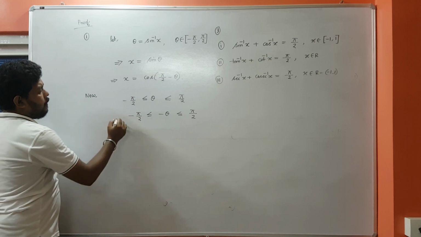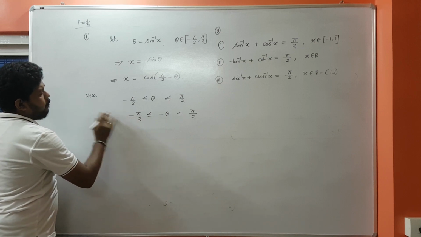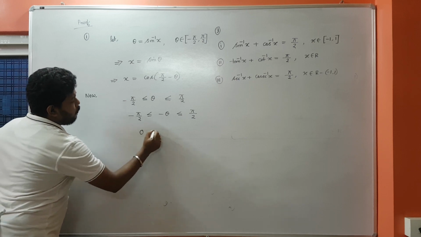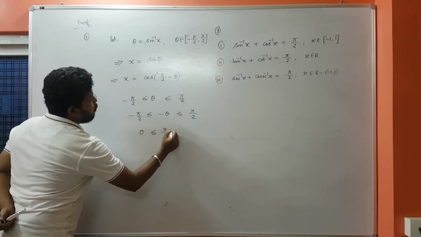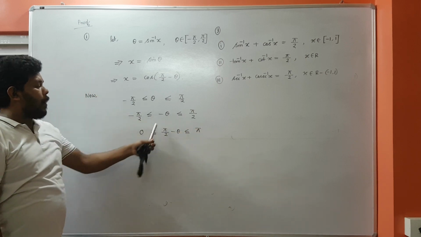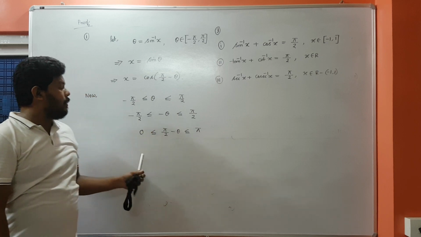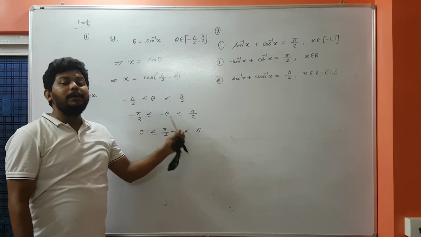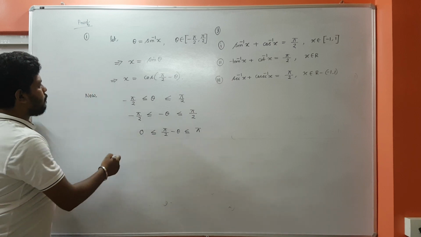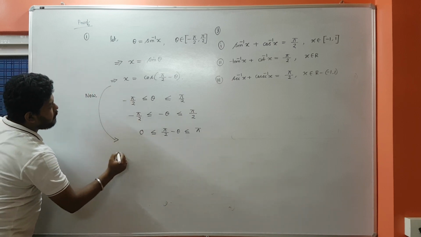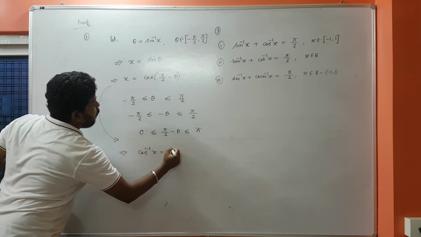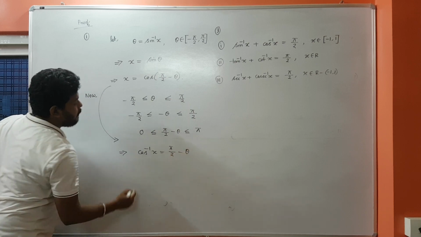If I add pi by 2, I will get 0 to pi by 2 minus theta, and this is pi. Now pi by 2 minus theta is lying in 0 to pi, which is the principal value of cos inverse x. From here we can say cos inverse of x is equal to pi by 2 minus theta.